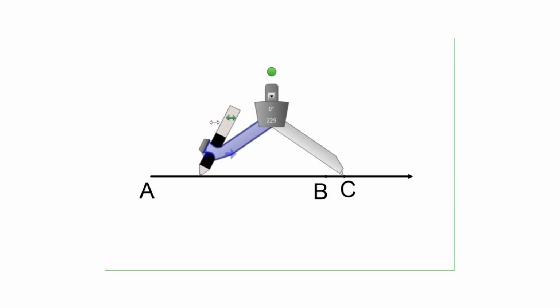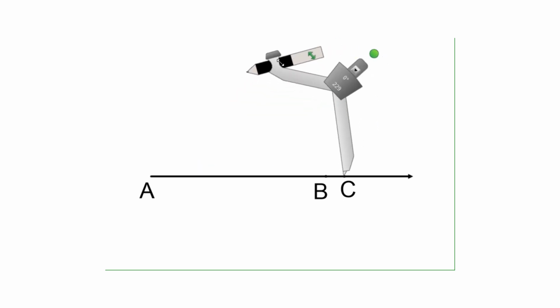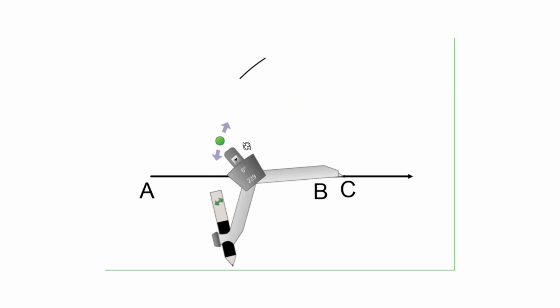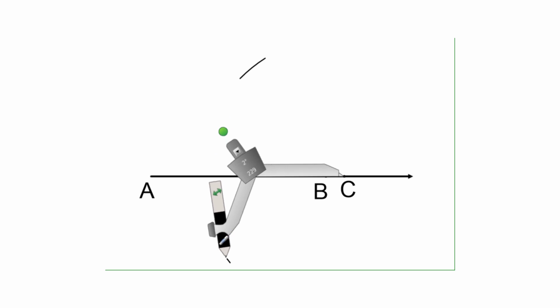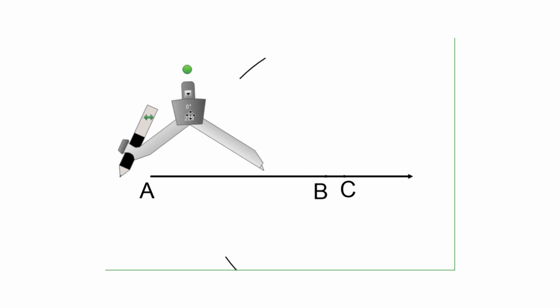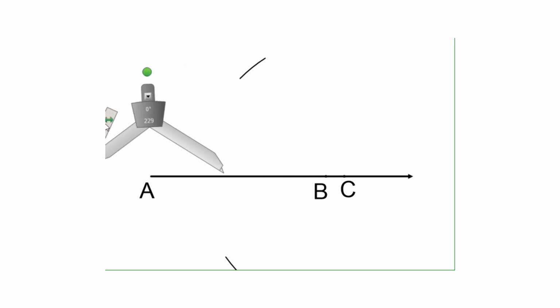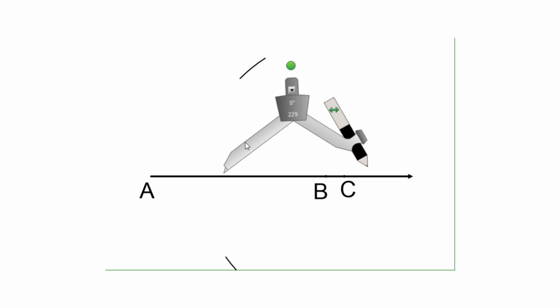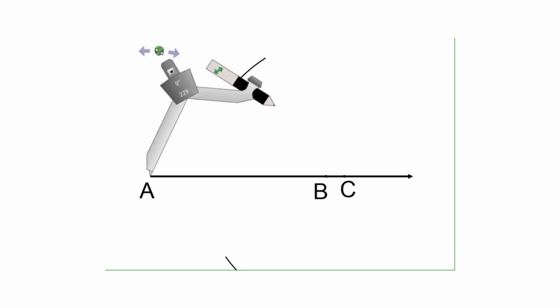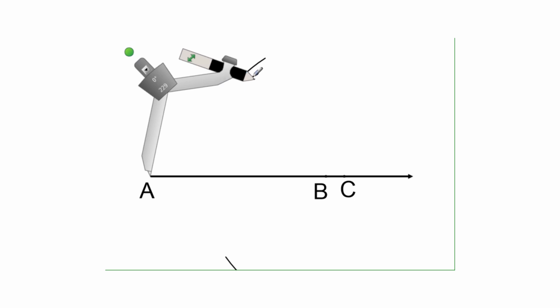More than half of AC, and cut one arc above the line and one arc below the line. Keeping the distance same, you have to keep the pointer now at A and cut those arcs which you made earlier using the point C.